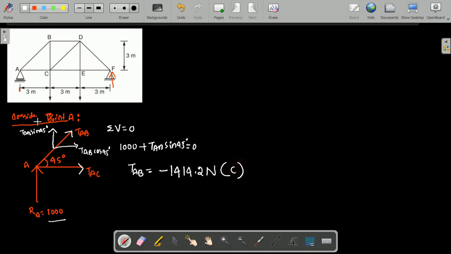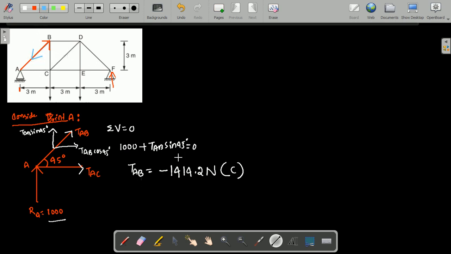What is the meaning? I considered the member to be in tension because the member is away from the joint, that is the direction I considered. But by calculation the value is negative. It indicates that the direction of AB is the opposite, that is, it is in compression, not in tension.